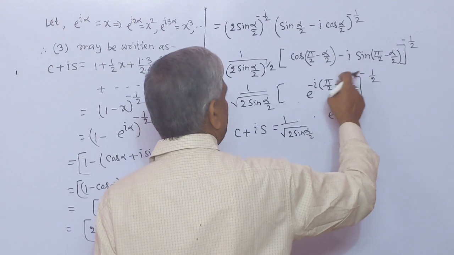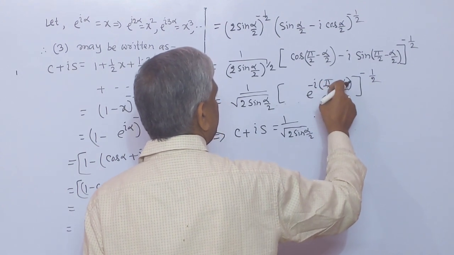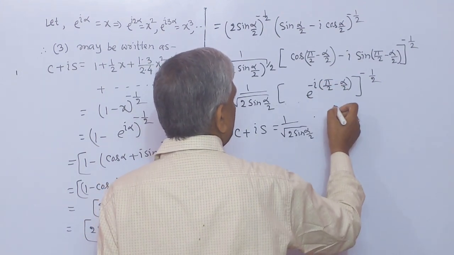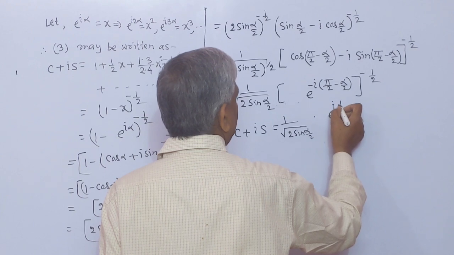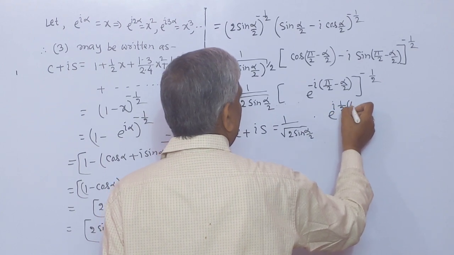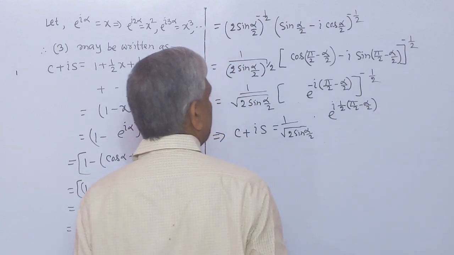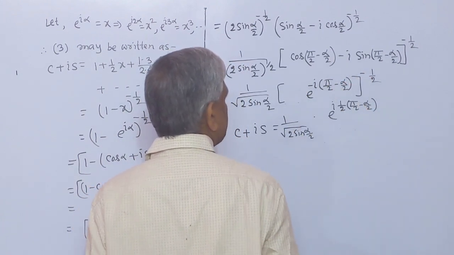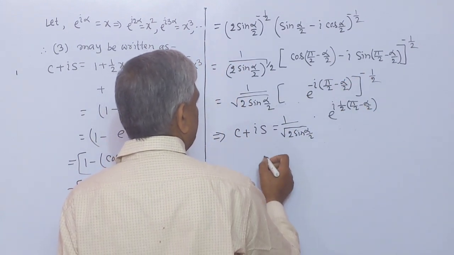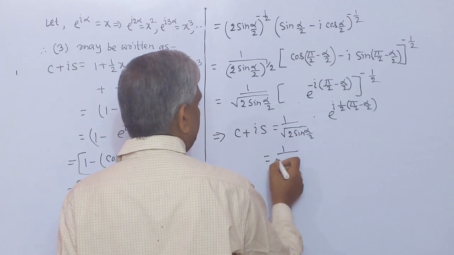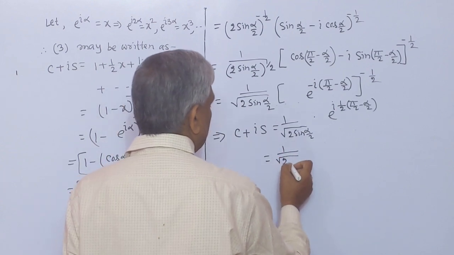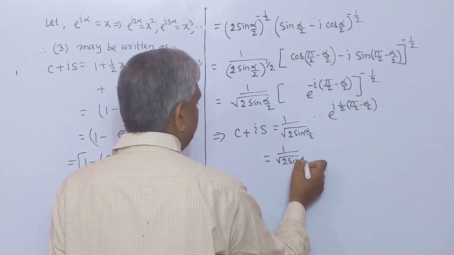We multiply this power with the power of e. This is i half pi by 2 minus alpha by 2, minus multiply minus plus, and this is equal to 1 by square root 2 sin alpha by 2.